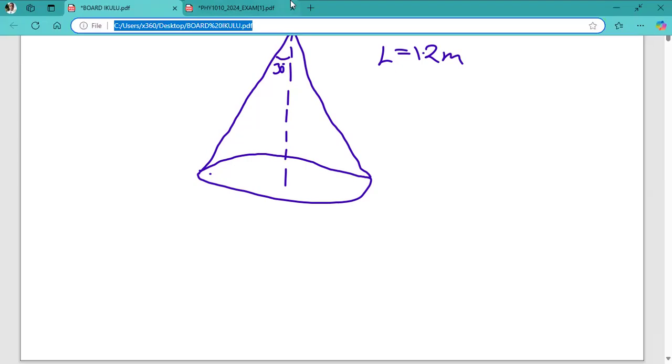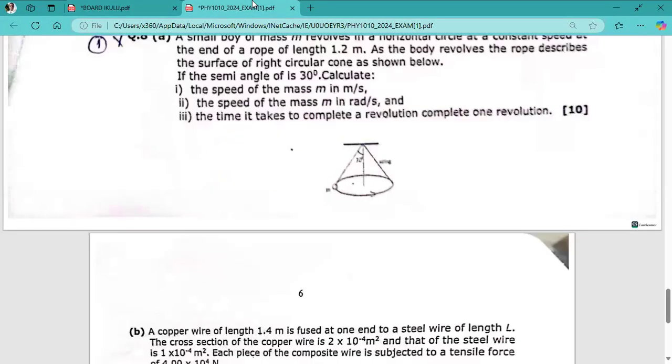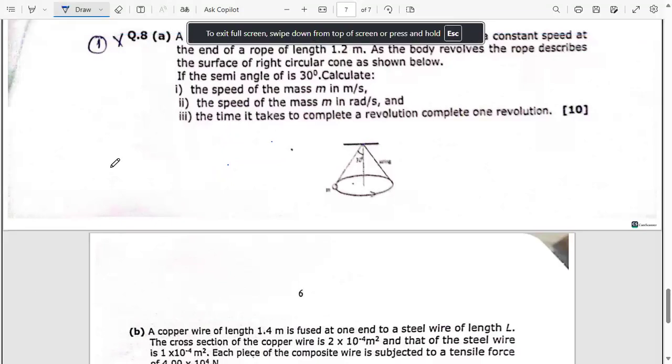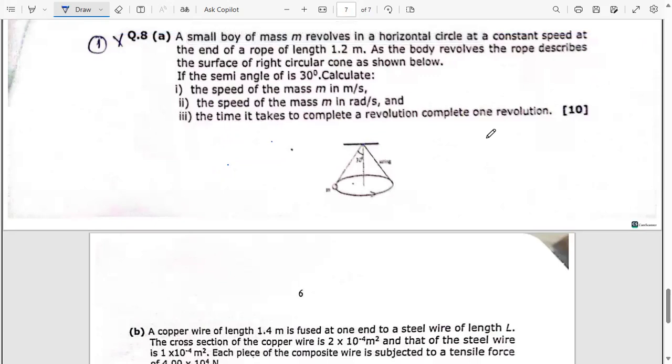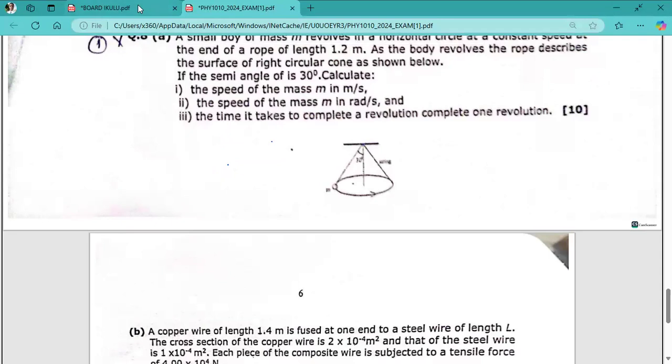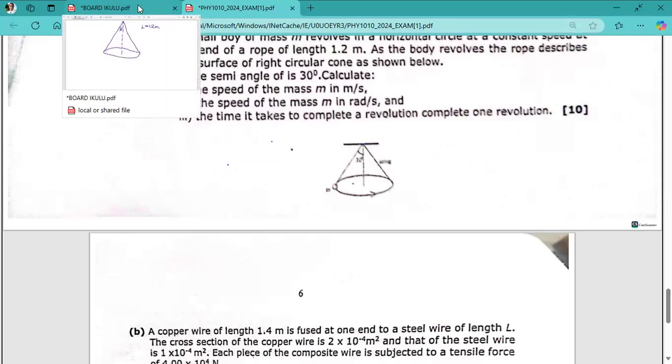We've also been given the mass, I guess. They haven't given us the mass of the ball, right? No, they've just given us the length. Okay, so that is all that we have.